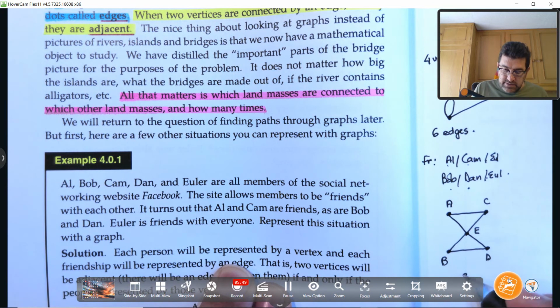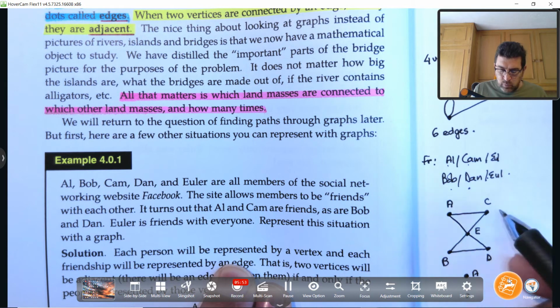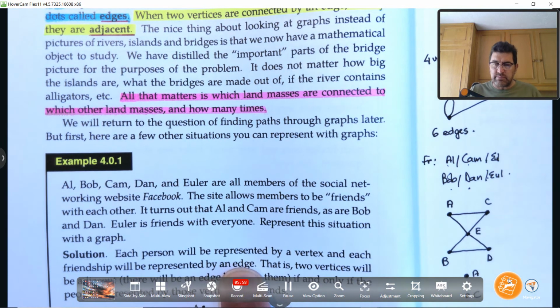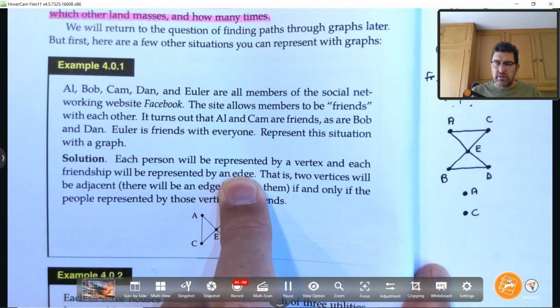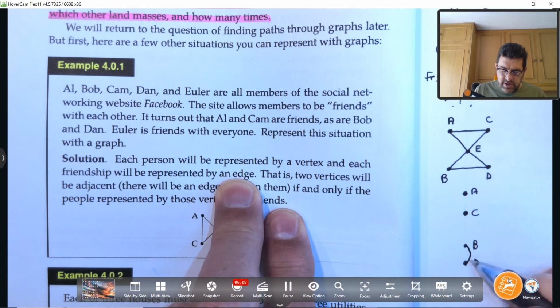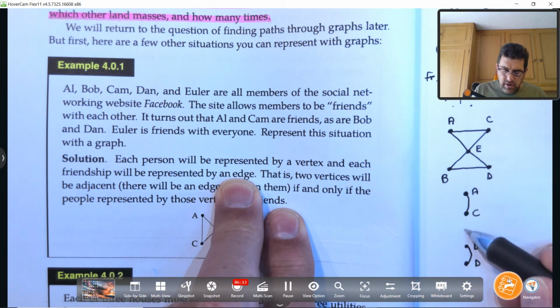Let's say we could have said that is Al and this is Cam, and I'm going down a little bit, we can then have Bob and Dan down here. Those two are friends, these two are friends, all of them are friends with Euler.